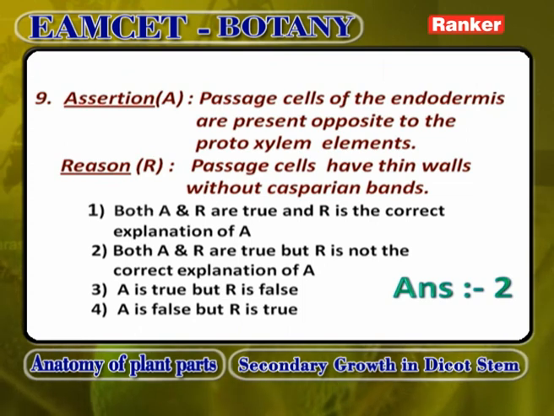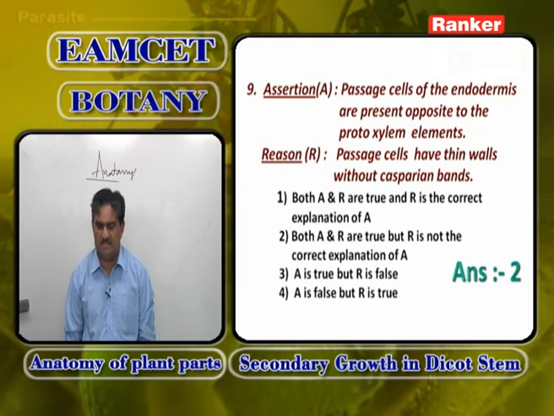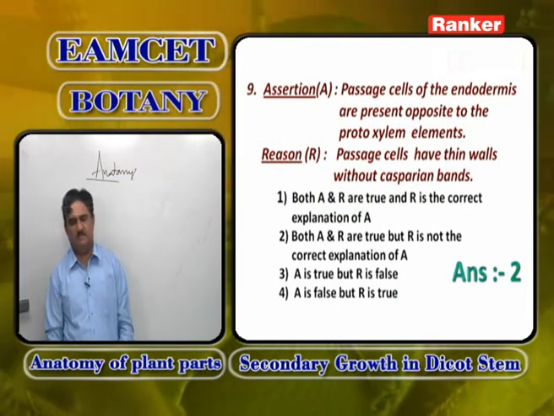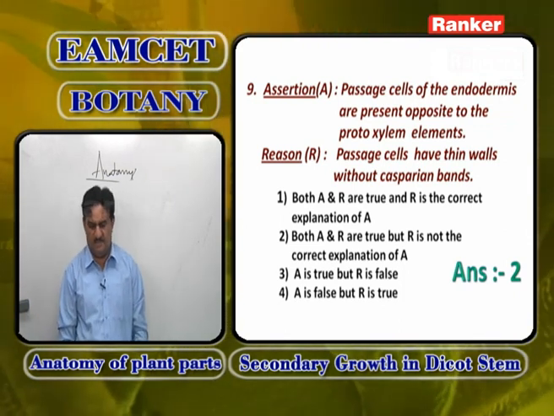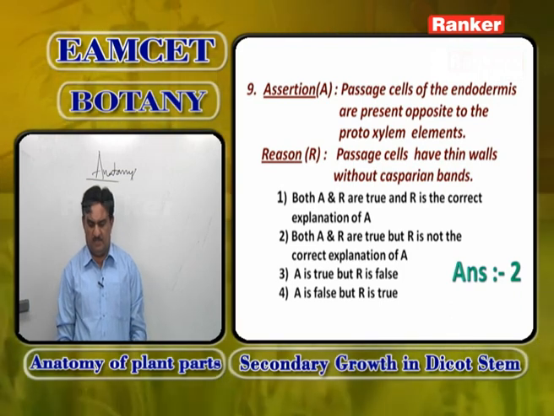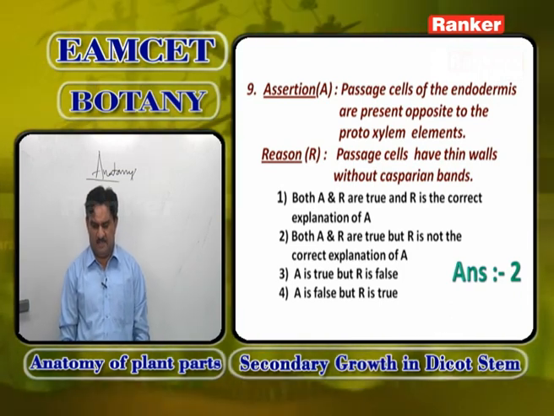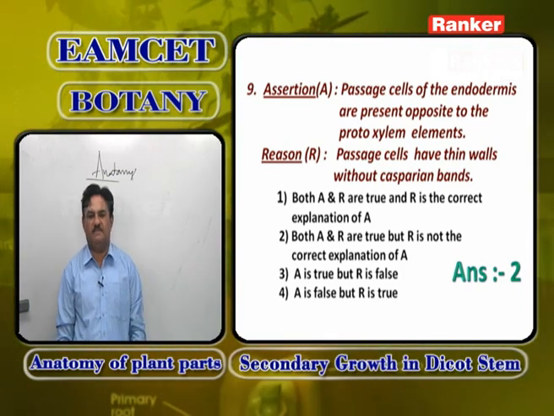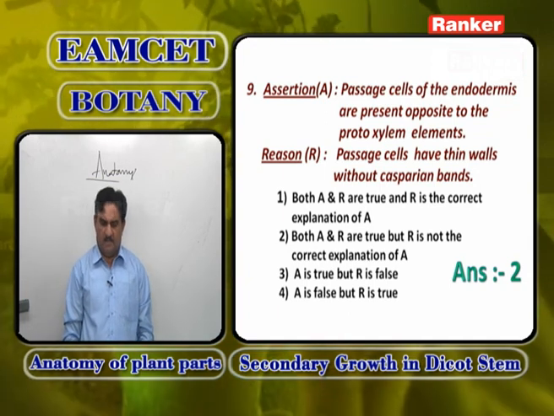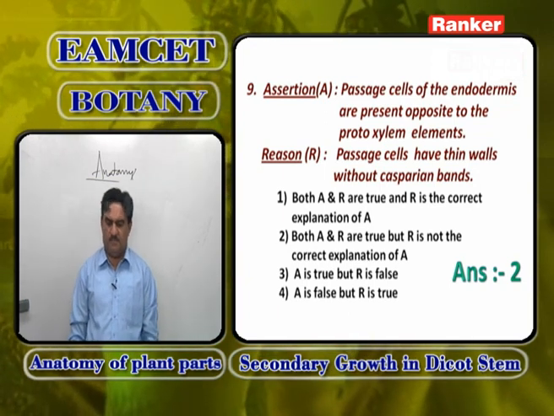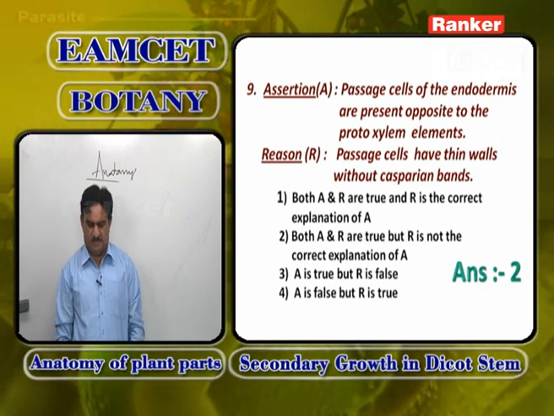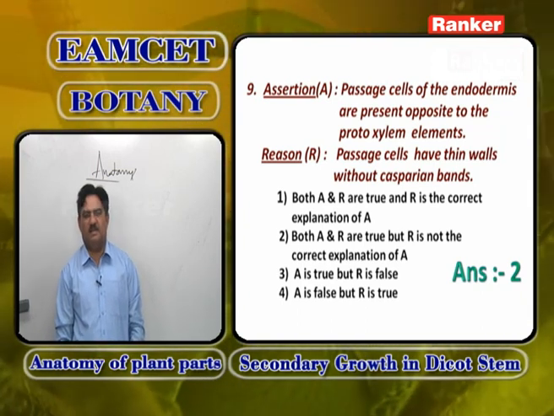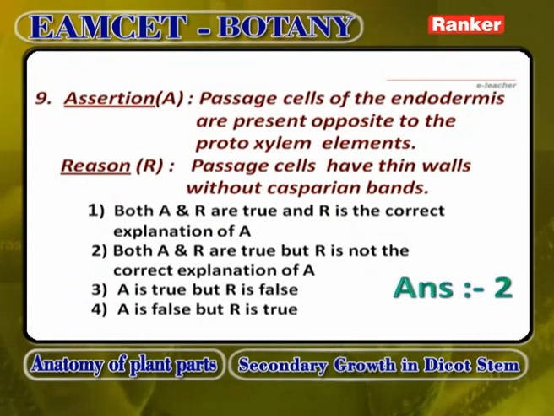Because they do not have Casparian bands and possess thin walls, they are called passage cells. So, the answer here is both A and R are correct, but R is not the correct explanation of A.